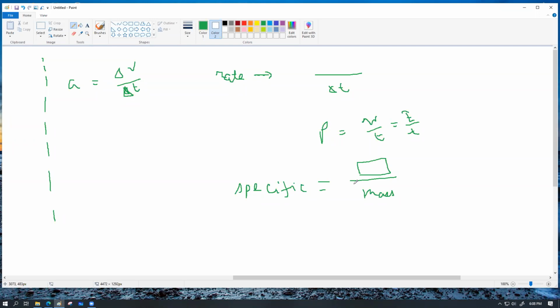What other specific things can we have? I cannot think of any other. But the word specific essentially means something divided by mass, whereas the word rate means something that is divided by time. So acceleration is basically change of velocity over change of time.